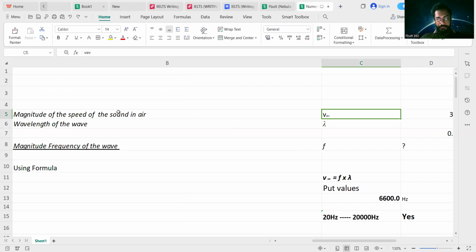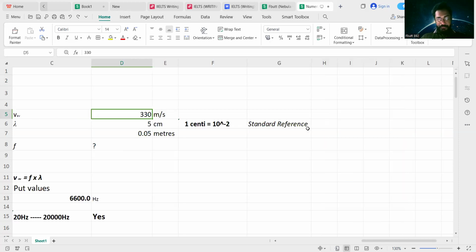As we know, in physics and mechanics, the symbol used to represent the velocity or the speed of any entity is small v. As it is the approximate or average speed, I have written it as v average is equivalent to 330 meters per second.